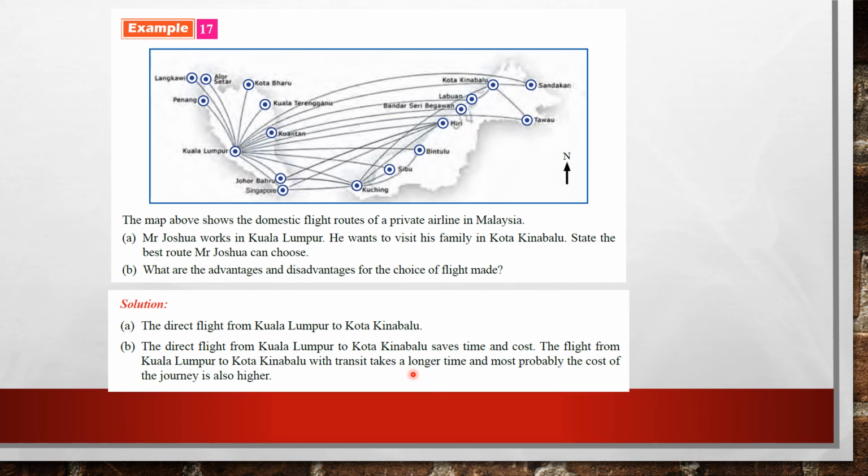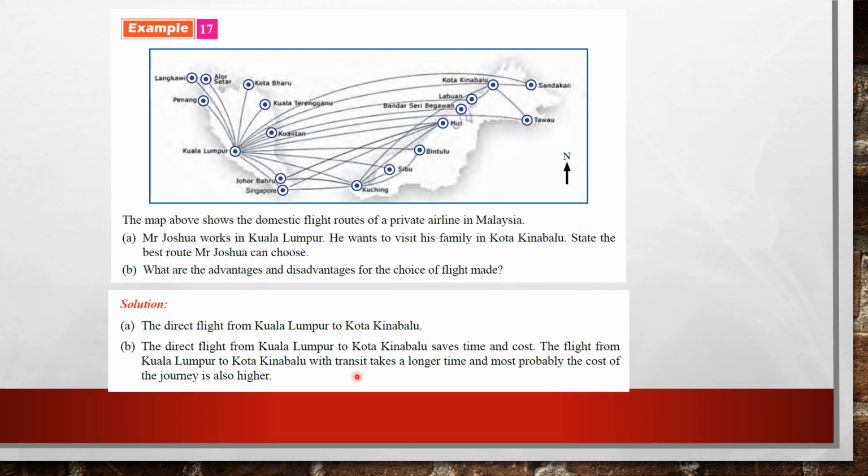It takes a longer time because you have to go to another place. Then you have to wait for another flight to Kota Kinabalu. So that's why it takes a longer time, and most probably the cost of the journey is also higher because you have to pay for 2 journeys. For example, Kuala Lumpur to Tawau to Kota Kinabalu. So you have to pay the price of the flight from Kuala Lumpur to Tawau, then from Tawau to Kota Kinabalu.